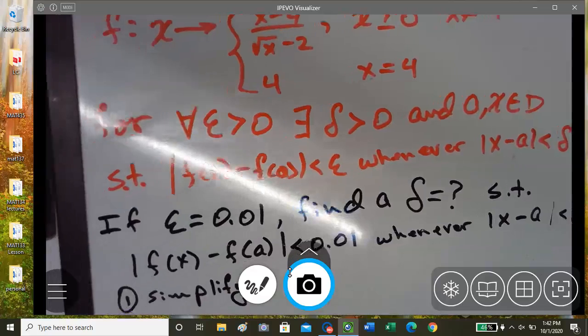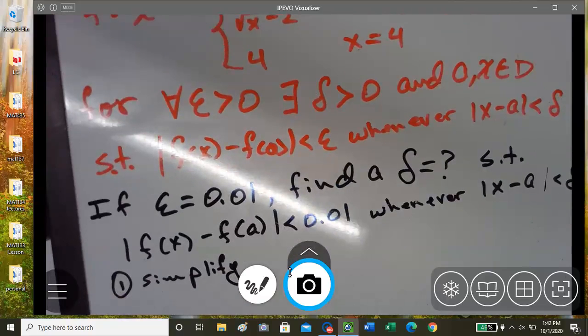our function. We're given f of x equals x minus 4 over the square root of x minus 2. What we want to do is see if we can cancel.